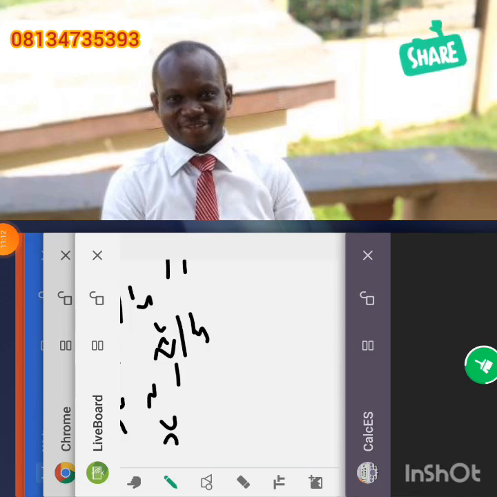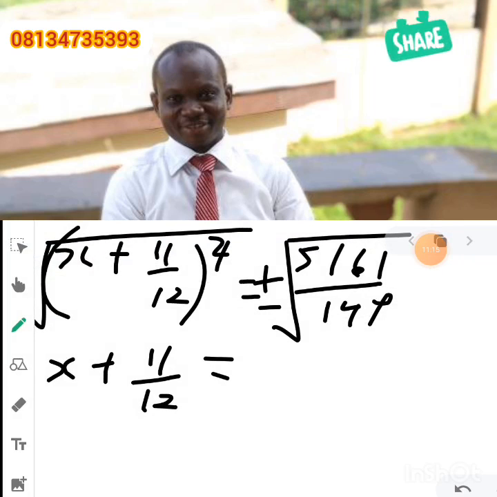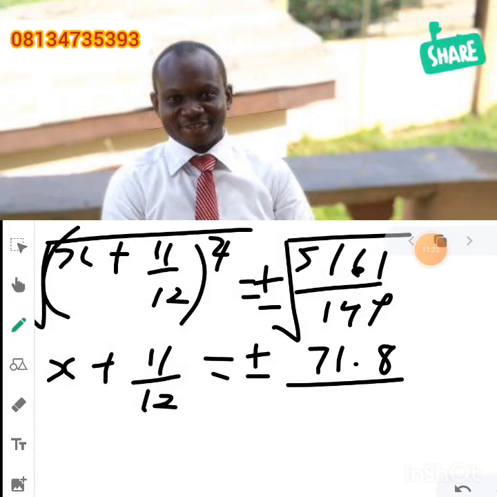So what we are having now is plus or minus 71.8 over the square root of 144, and the square root of 144 is definitely 12. So we can now simplify to get the value of x, which is the last step.